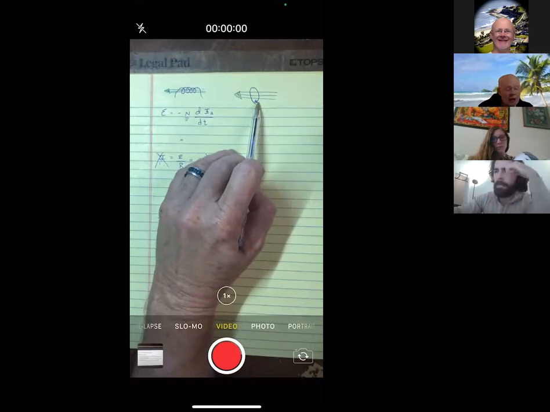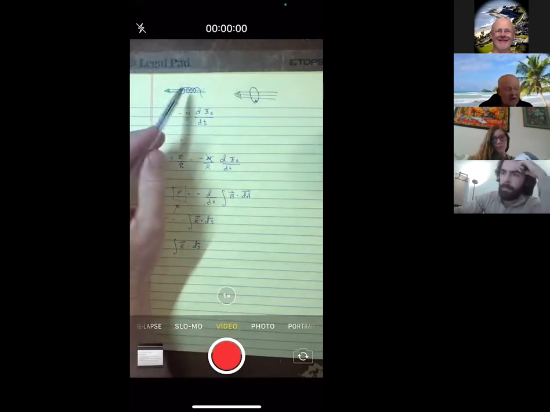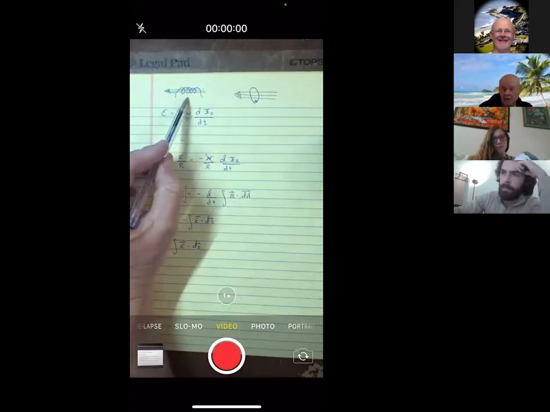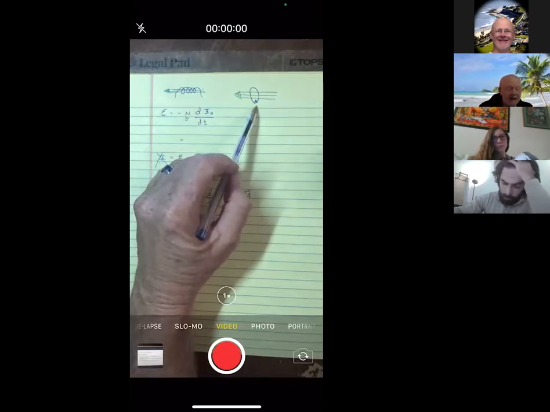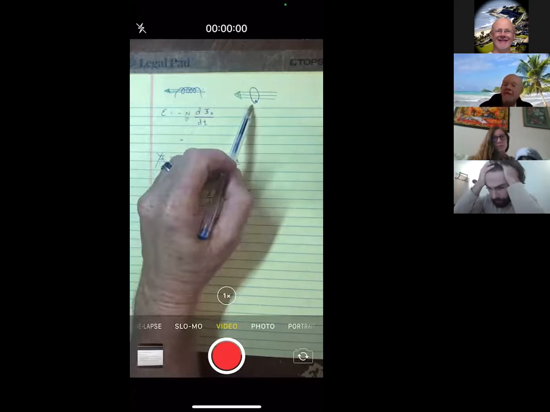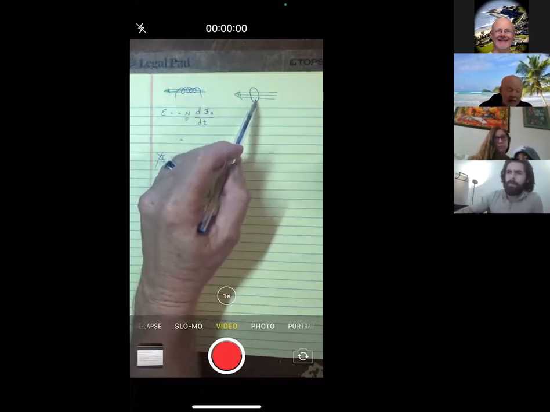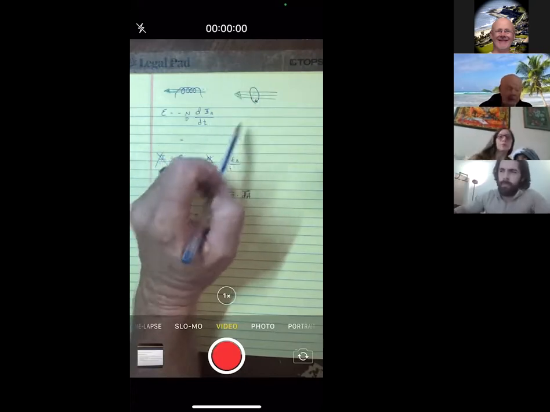But I'm not sure I would say it has a current if I don't have a wire there. But I could still have an electric field. And that's what I'm trying to point out: if you take away the wire, do you still have anything? And I'm going to say yes. You have, in the shape of a loop, an electric field.